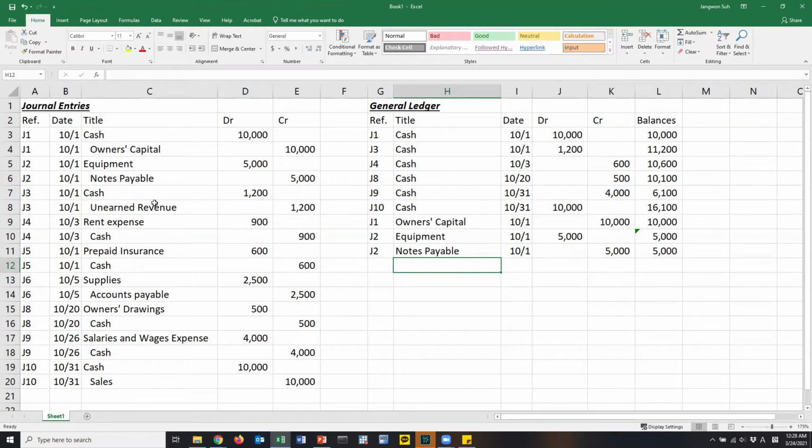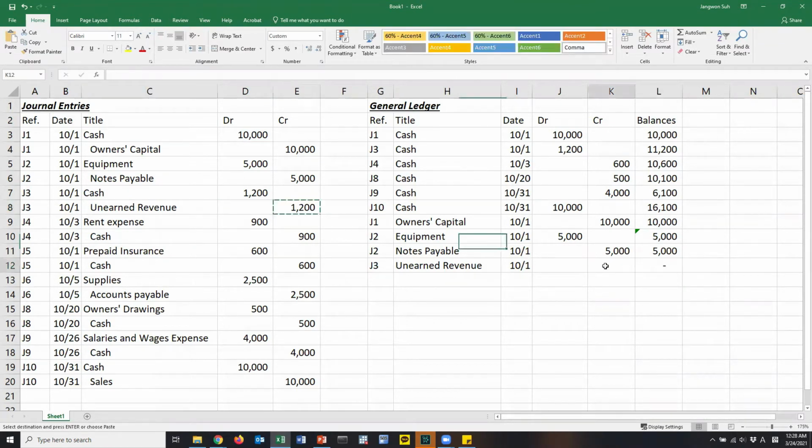right? Okay, done. And unearned revenue, which is a liability item, right? Do you remember that? So liability meaning the behavior is the same as notes payable. So we will copy and paste for the amount 1200.